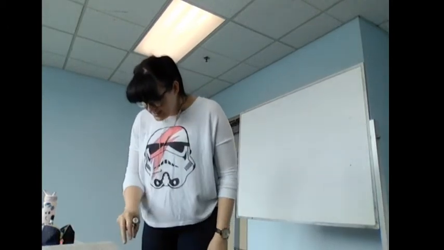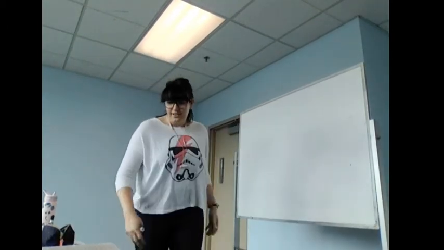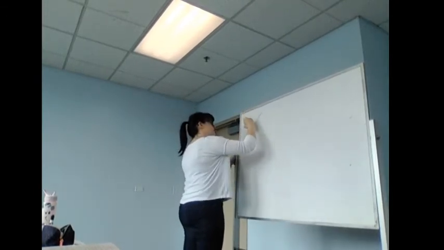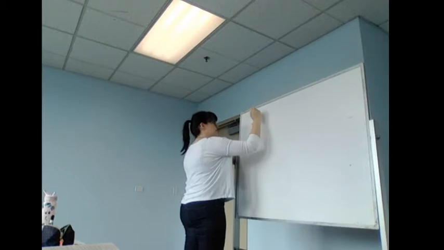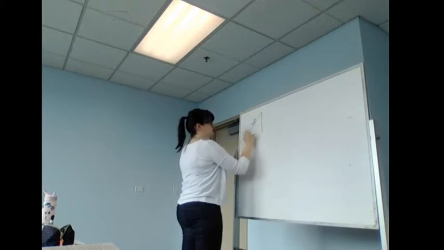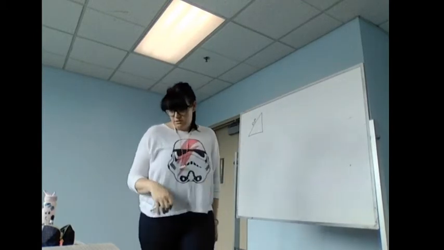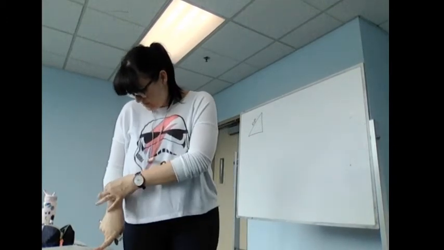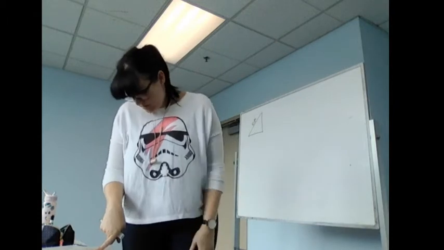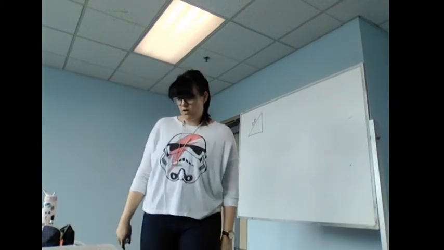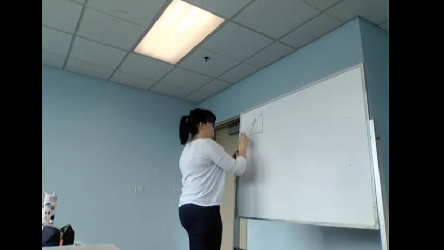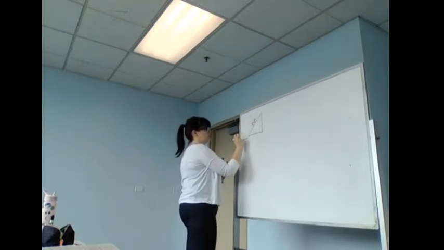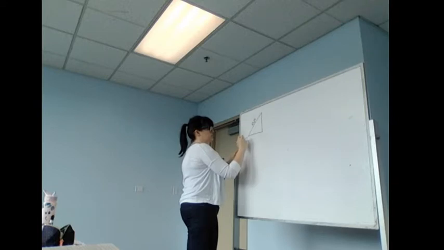Okay. Example 2. A ladder 10 feet long rests against a vertical wall. If the bottom of the ladder slides away from the wall at a rate, so this is sliding, so this way, 1 foot per second.